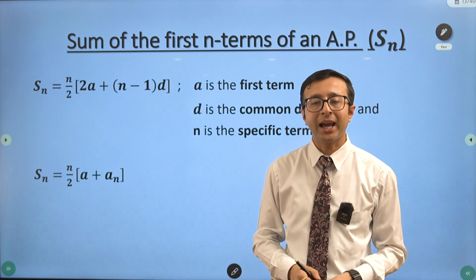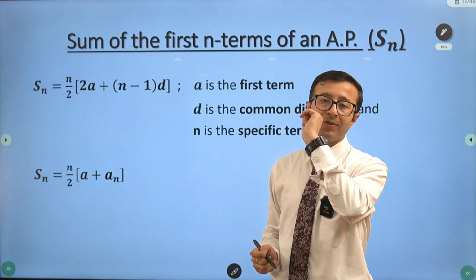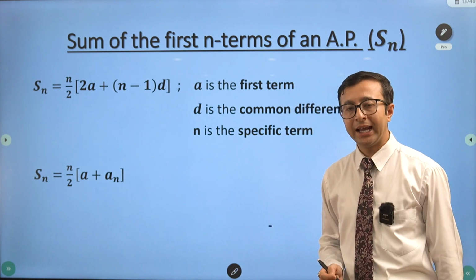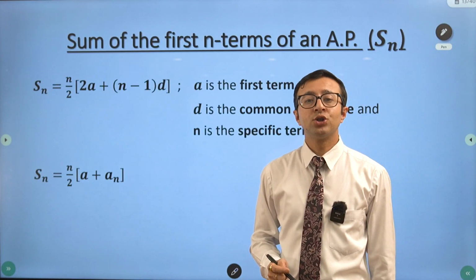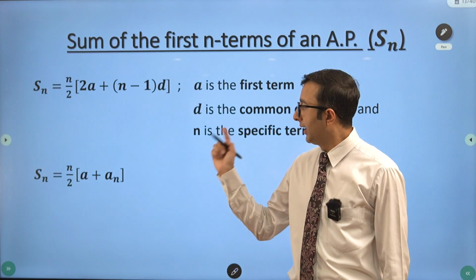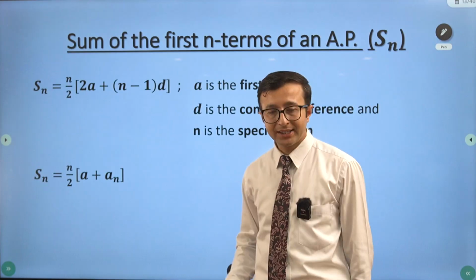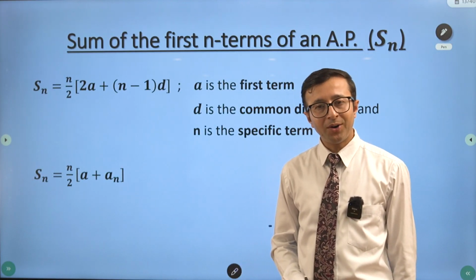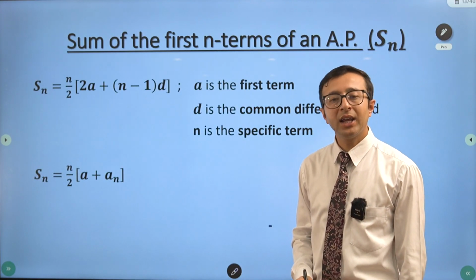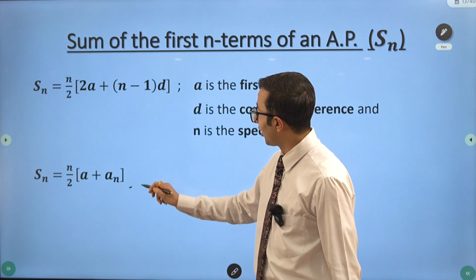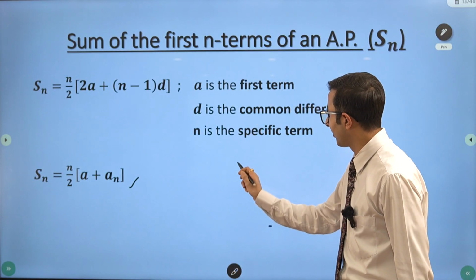The sum of the first n terms is denoted by Sn, and Sn is n divided by 2 into 2a plus n minus 1 d. And next, you can see that Sn equals another form, that is n by 2 into a plus an. That second one is obtained from the first only. Just look here.